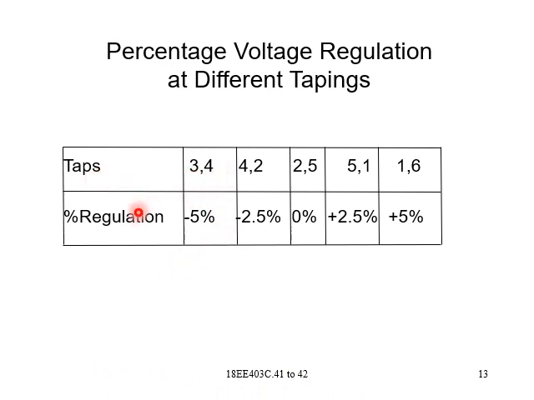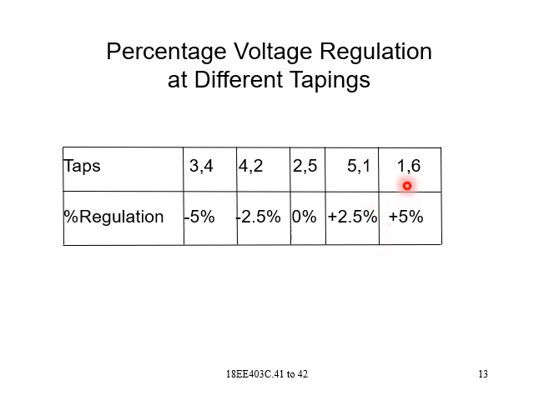When the 3, 4 taps are connected, the percentage regulation is minus 5%. And when 4 and 2 taps are connected, then the percentage regulation is minus 2.5%. And when 2 and 5 taps are connected, then the percentage regulation is 0%. And when 5 and 1 taps are connected, then the percentage regulation is 2.5%.